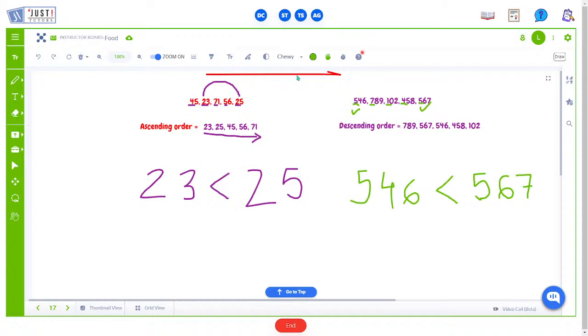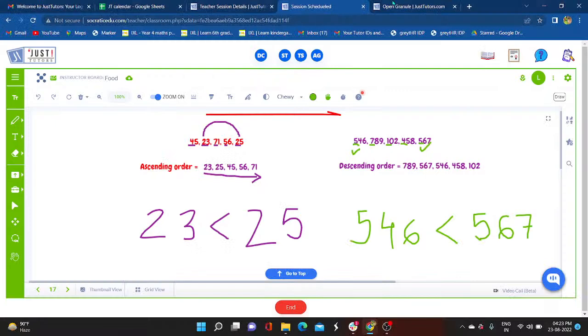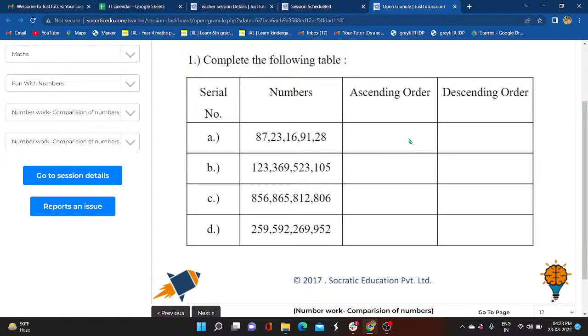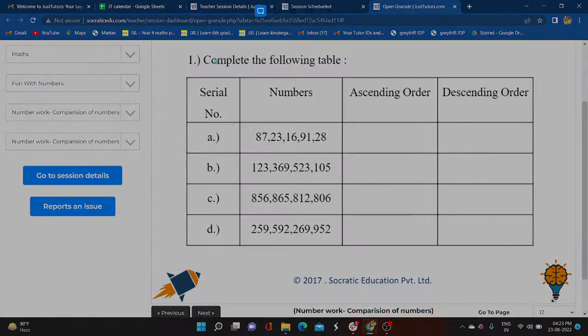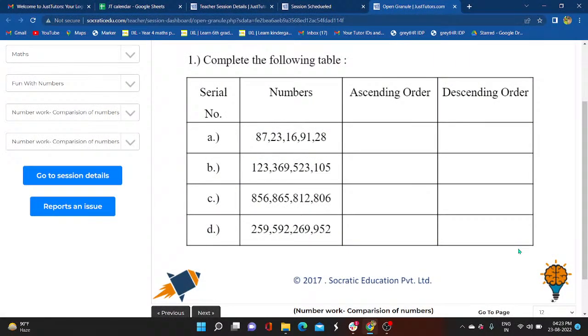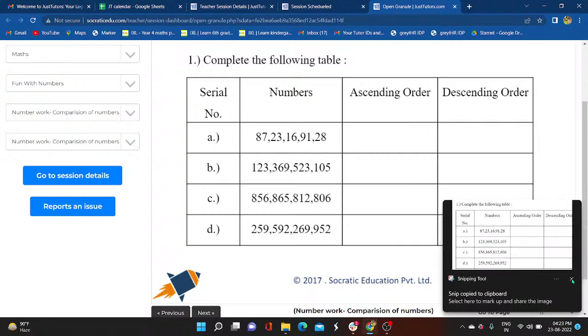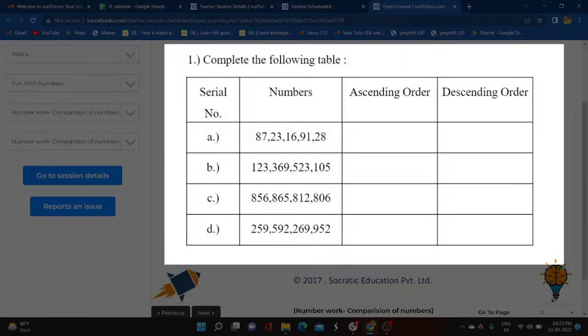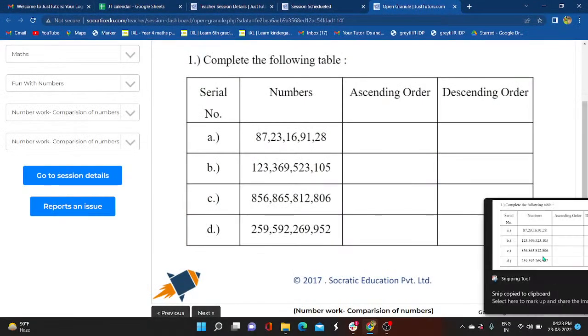Now let's get back to some practice questions that we had. Okay, now here we have to arrange these numbers in ascending or descending order. Let me copy this to the other slide so that we can easily try some practice questions.